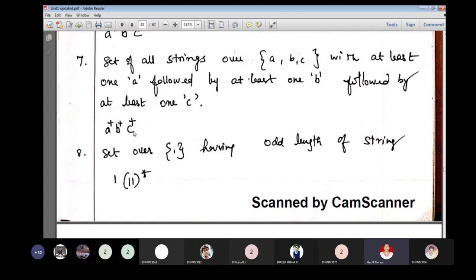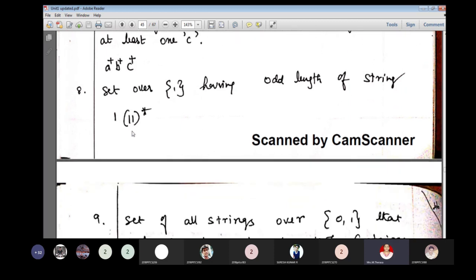Next, set over 1 having odd length of string. So we're going to represent a string which contains only 1, and that too it should be an odd number. We know that 2n plus 1 represents odd numbers. So we use 1 and 2n, so 2n in the sense 1 1, 1 1 the whole star.